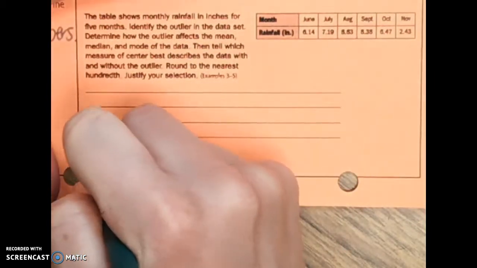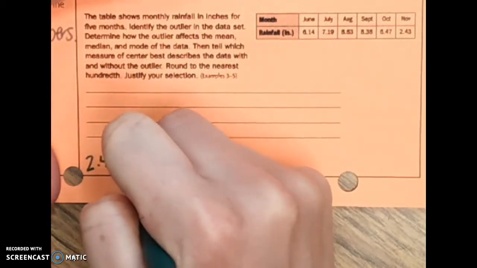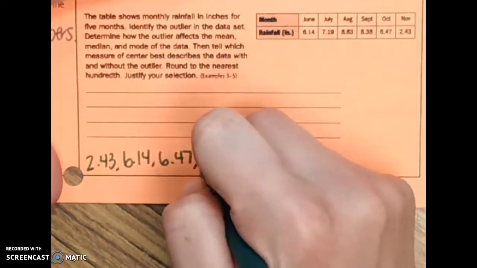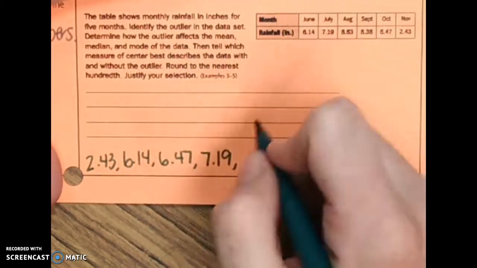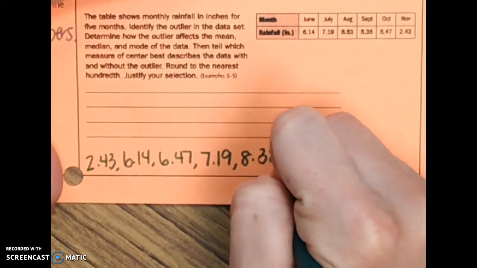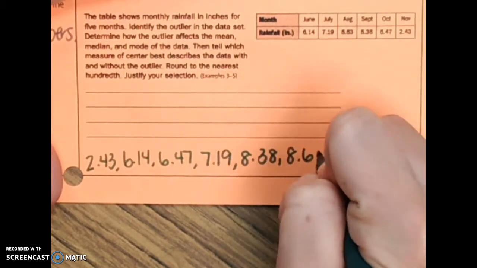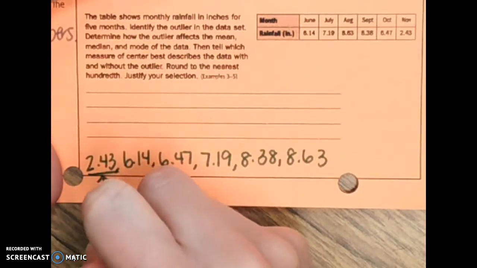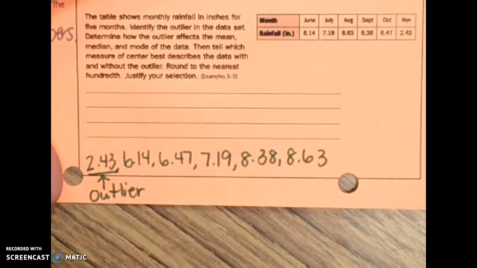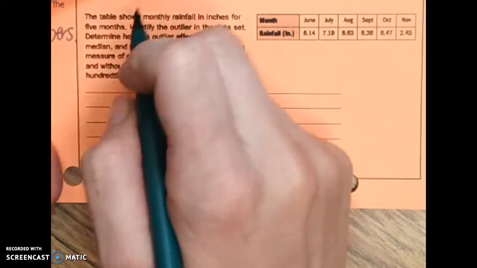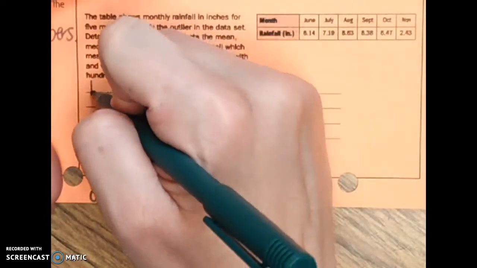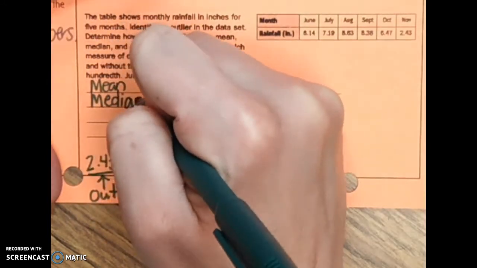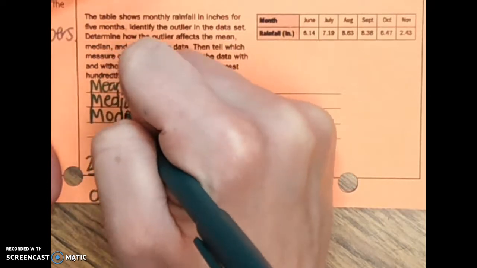So I have 2.43, 6.14, 6.47, 7.19, 8.38, and 8.63. Okay, the outlier is 2.43. Now we're going to do mean, median, and mode with the outlier.